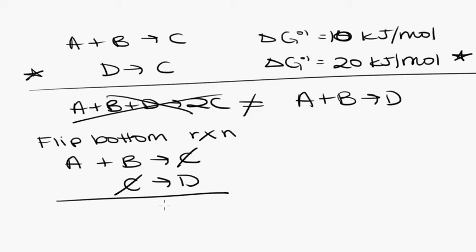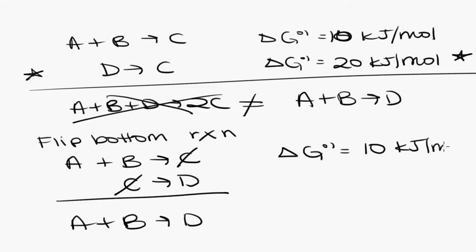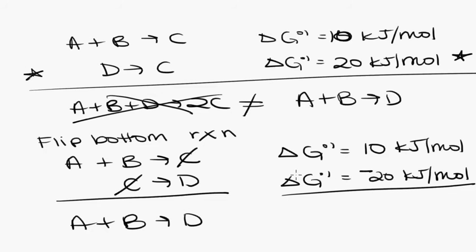A plus B goes to D. So what we do over here is you simply flip the sign. So we have 10 kilojoules per mole, and here it used to be positive, so now this is negative 20 kilojoules per mole. And you can do this for any state function, not just delta G's. Okay, and we end up with negative 10 kilojoules per mole, exactly what we solved for above. So you just flip the sign.